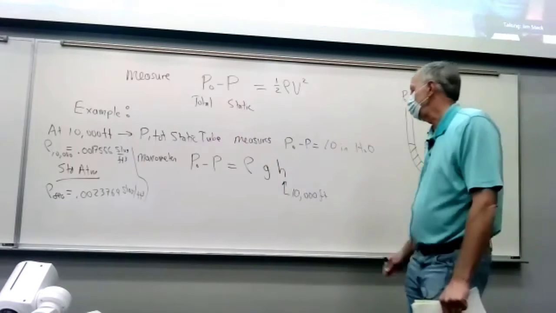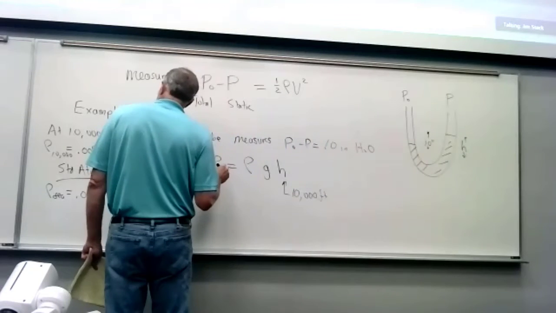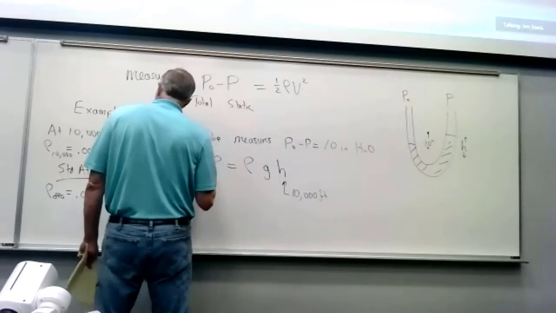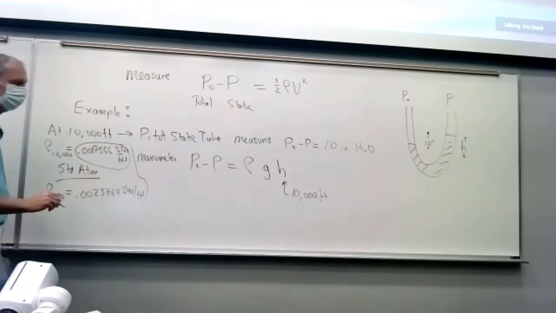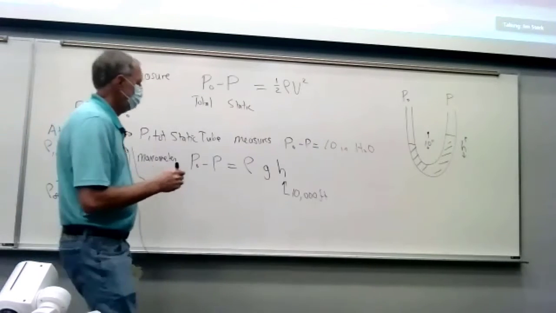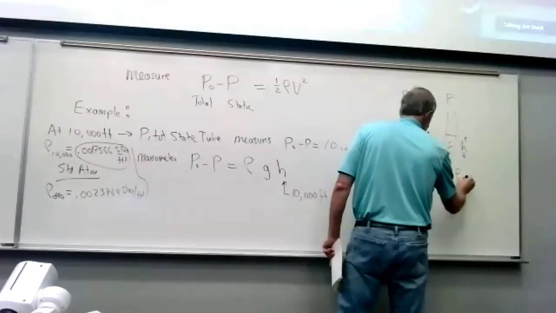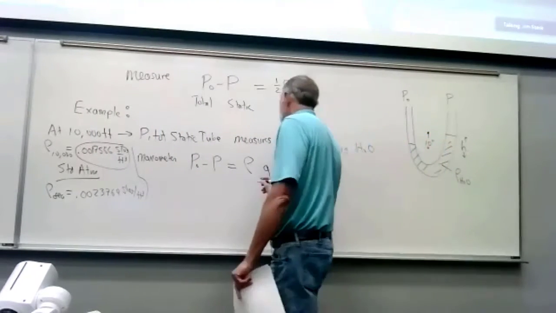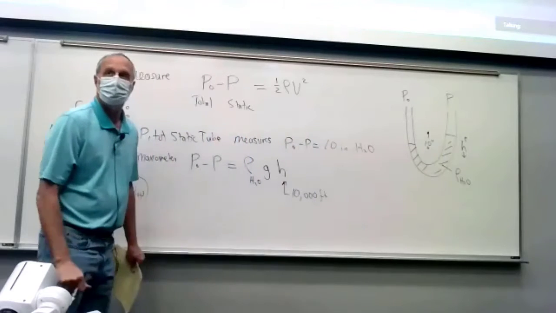So we have to make sure we plug in 10 inches here. That's gravity. If we get completely confused, we might be tempted to plug in this density. That's the density of the air. But we know that the manometer equation needs the density of the fluid. So we really ought to write this, just to be clear.